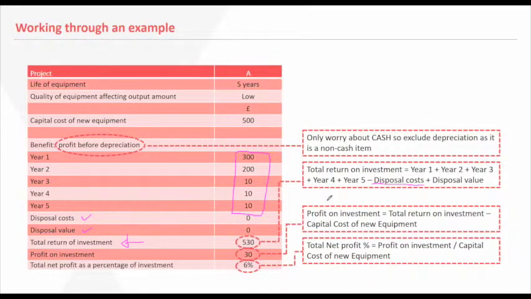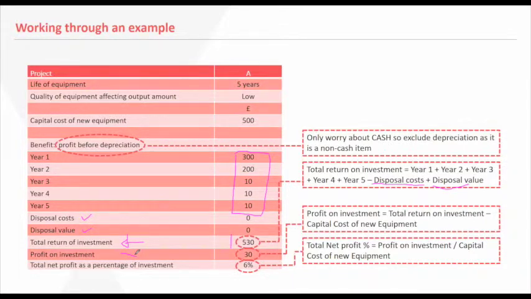And we know that if there was some scrapping value, some value that we could recoup at the end of that project's lifetime, that disposal value would flow into us. So we add that in. In this instance for project A, we've got no disposal costs and no disposal value. And that gives us a cumulative of £530. And that is the total return that we've made.